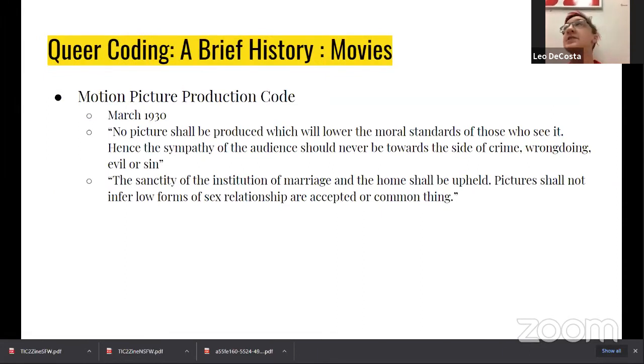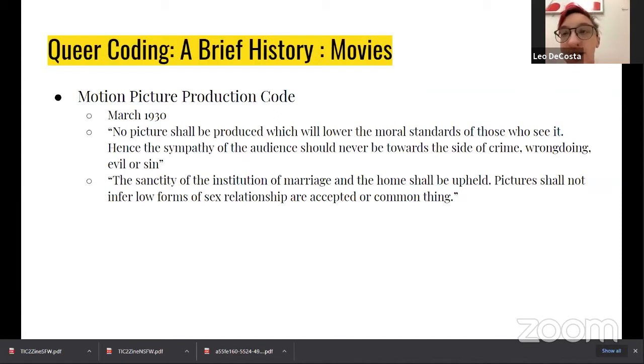We have to talk about the basic history of why queer coding came to be. In the 1930s, movies had the Motion Picture Production Code put into place, and to basically summarize, the two bylaws explicitly say that LGBTQ+ people aren't supposed to be in movies. No picture shall be produced which will lower the moral standards of those who see it.